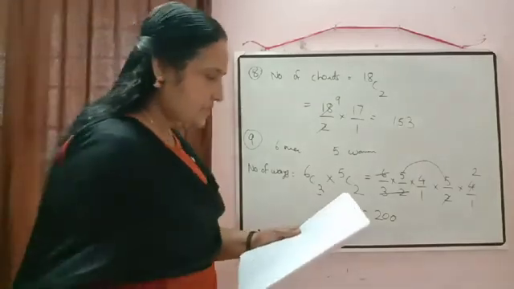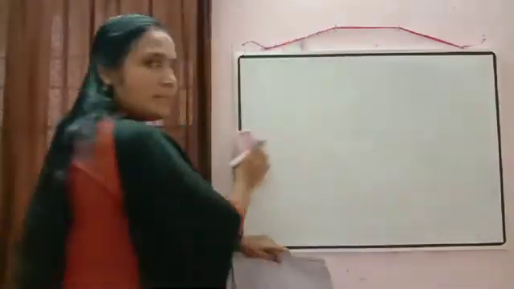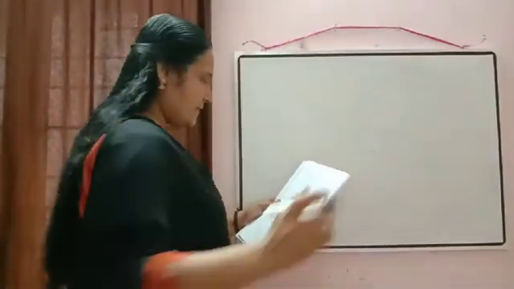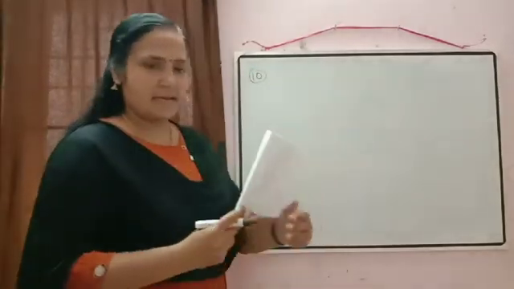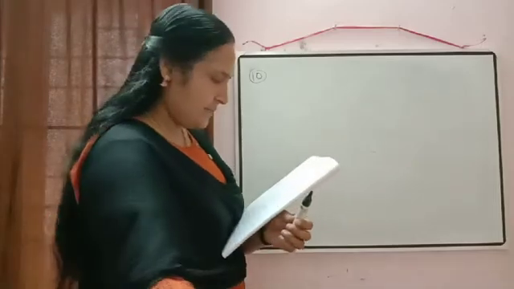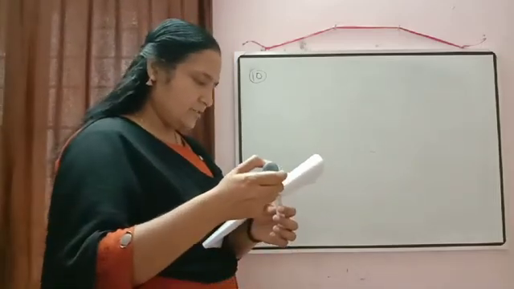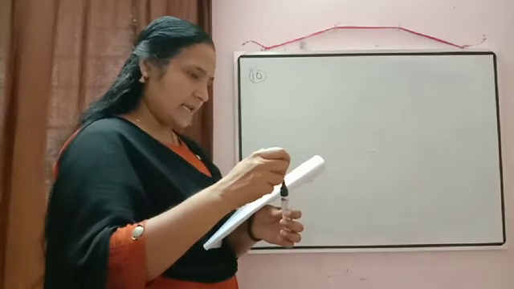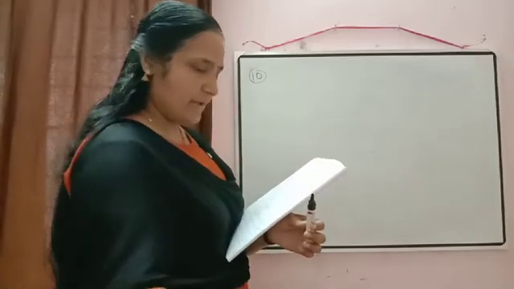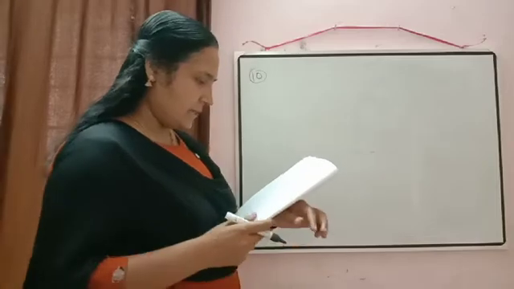Okay. Then next question, question number 10. In the first one, it is written: in how many ways can a cricket team of 11 members be chosen out of 15 players?